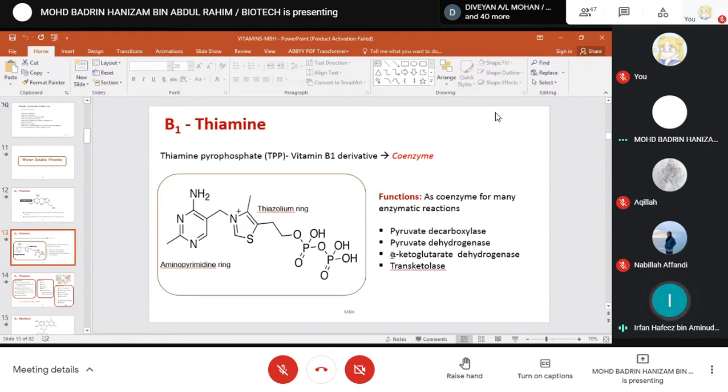It turns to succinyl CoA. Are you asking me or answering my question? Answering the question. It turns to succinyl CoA. This enzyme will turn the alpha ketoglutarate to succinyl CoA in the Krebs cycle.